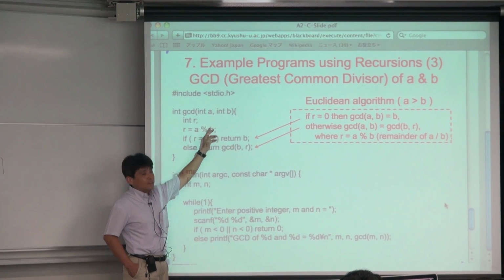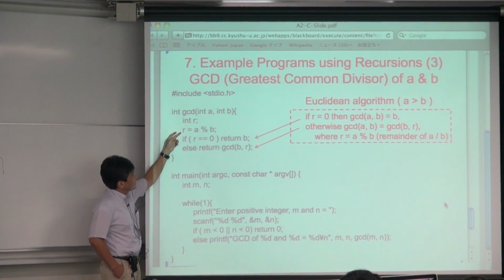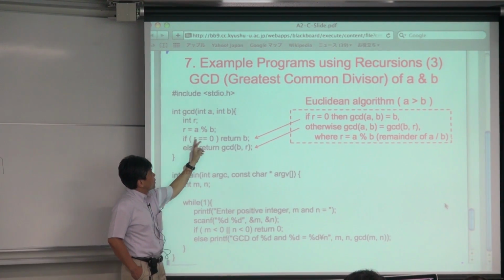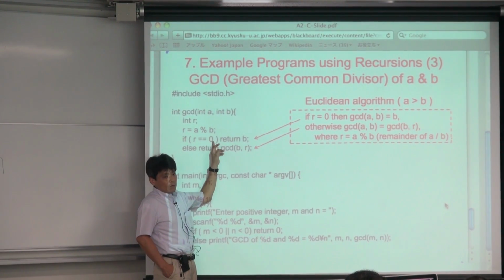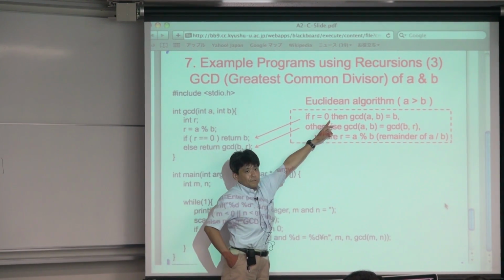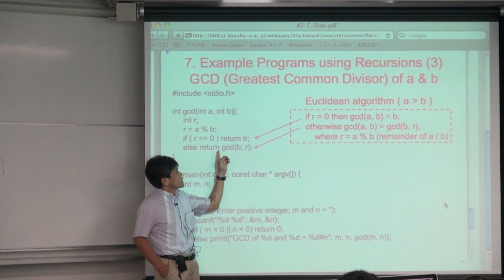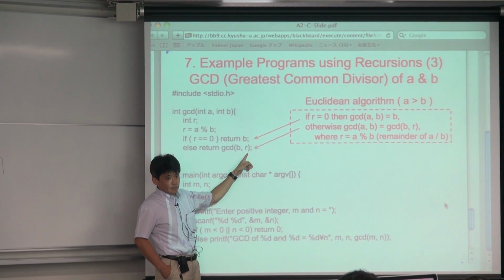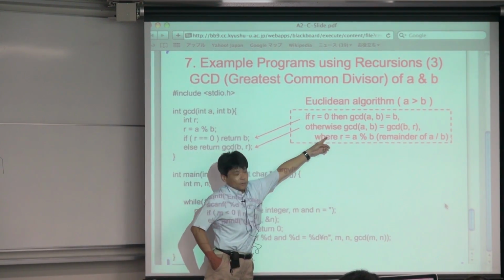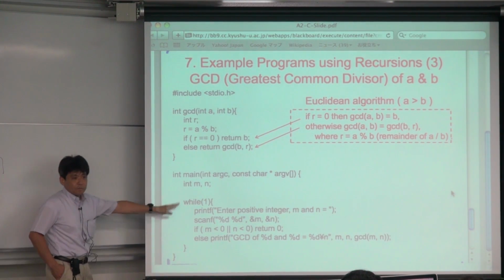So using the percent operator, you can calculate such a value. If r equals 0, the return value should be b, because this is the definition. Okay? Otherwise, the return value should be GCD(b, r). This corresponds to this definition. Okay? So the lower part is the main function.